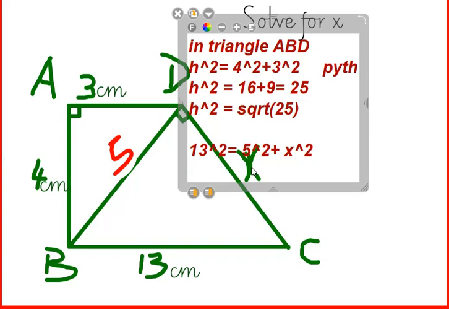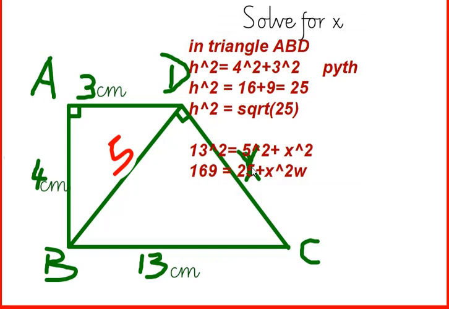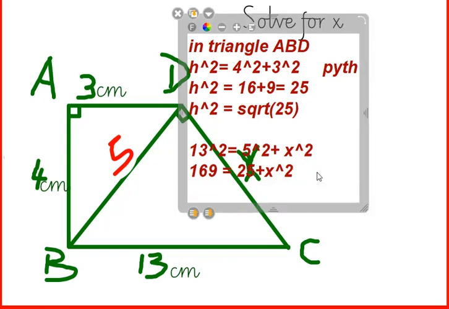So 13 squared is 169, equals 5 squared, which is 25, plus x squared, which remains x squared because it's an unknown. To solve for x, we put x squared on the right hand side.